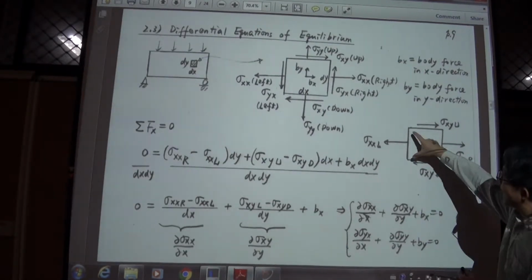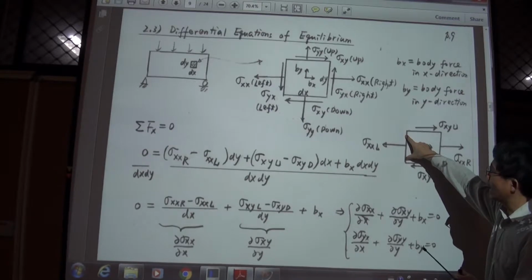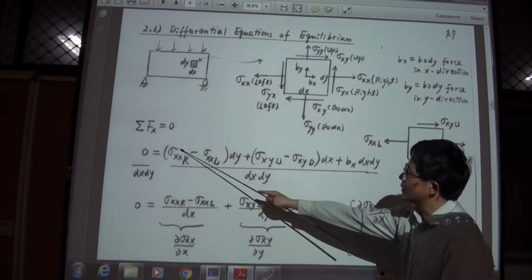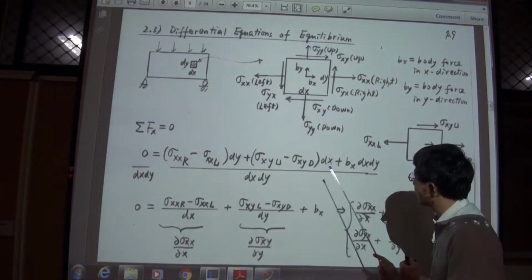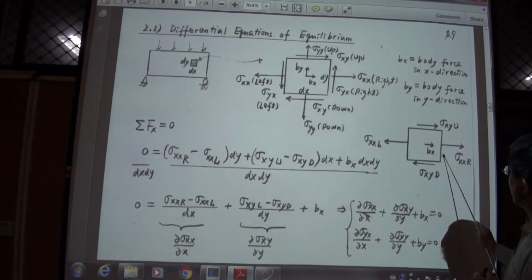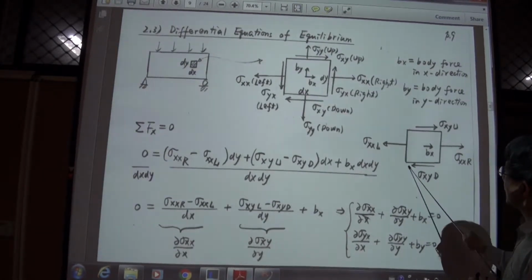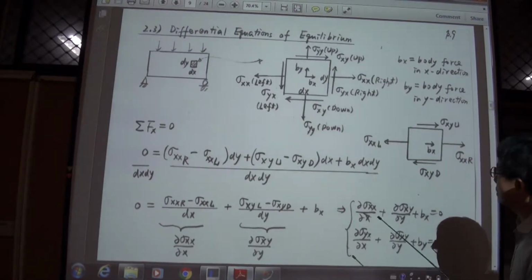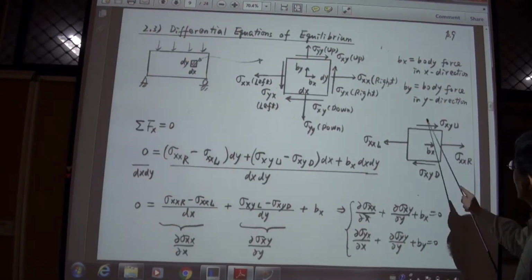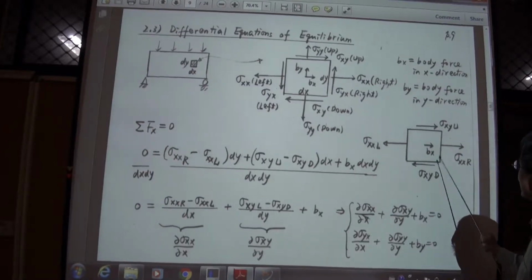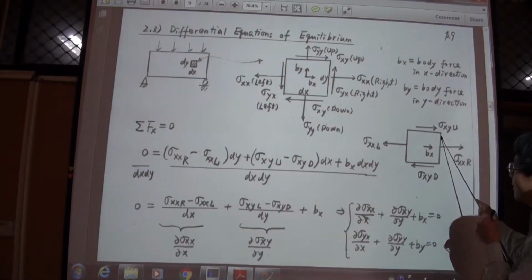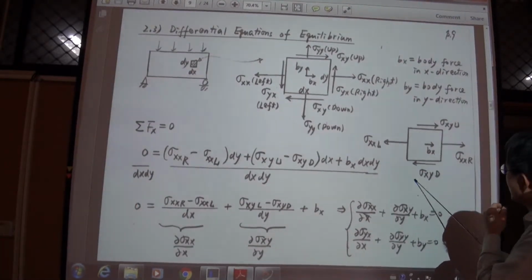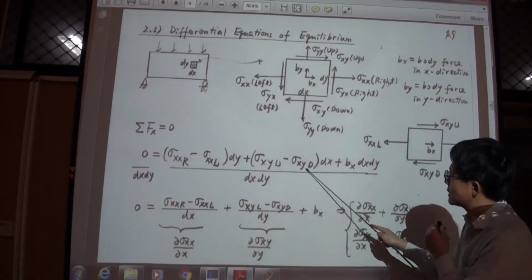This one gives you the resultant force. Another term is this one subtract with this one times dx. This length is dx.